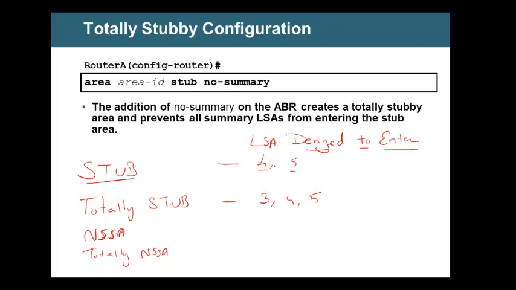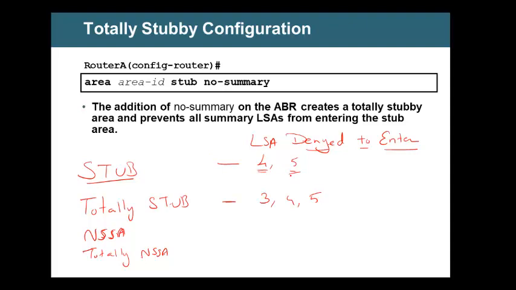Because when 4 and 5 are denied, the ABR will inject a default route. So using the default route, all the routers will come to the ABR, and ABR will know how to go to EIGRP.